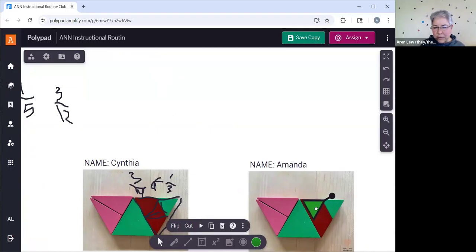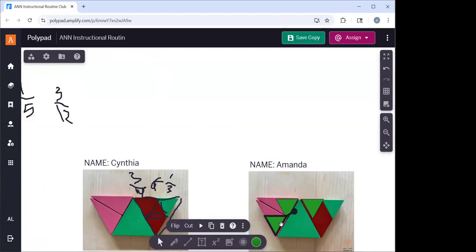So, Amanda, are you saying that you managed to fill this entire shape with these same triangles? Like this? Yeah, something like that. So I kind of used the line tool and found out that the entire shape was 12 little green triangles, and three of them would have been red.